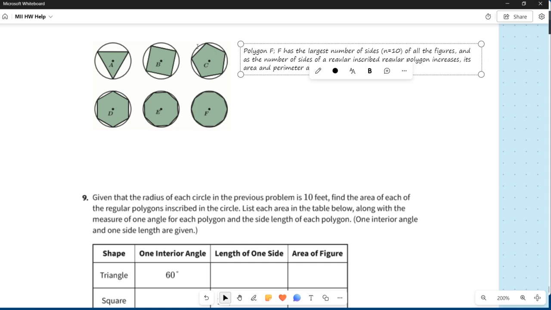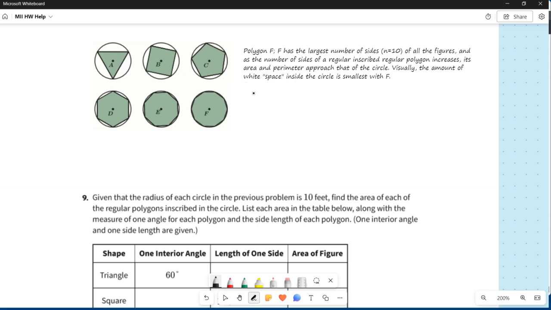And the little annoying box there will go away in just a second. Visually, the amount of white space inside the circle is smallest with F, with polygon F.